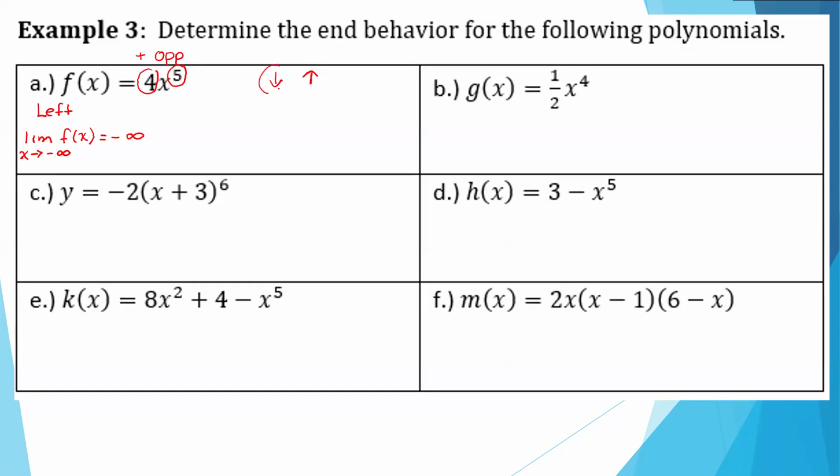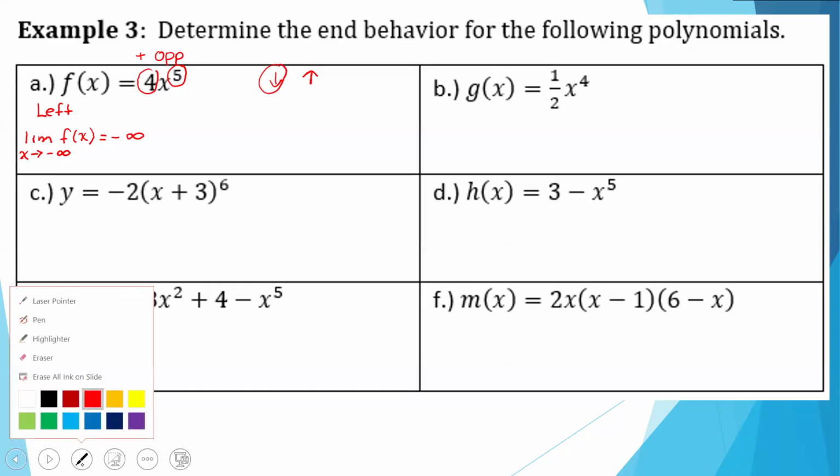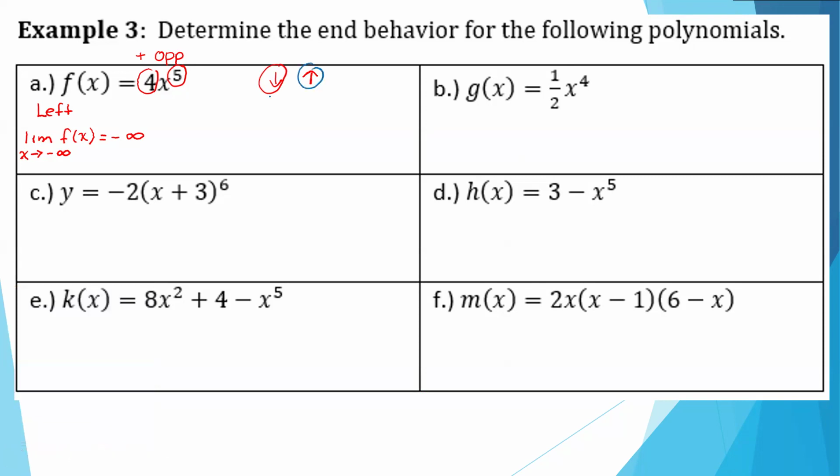Okay, that's my left side. My right side is what? Limit as x goes towards infinity of my function. What is it doing? It's going up, up, up. So it's positive infinity. That's easy, right?